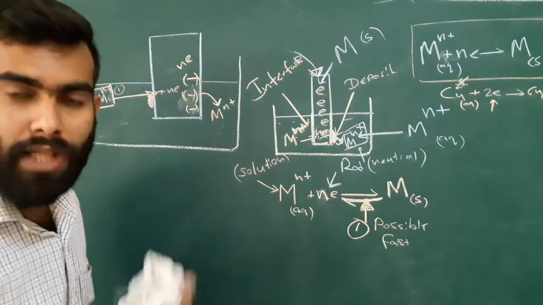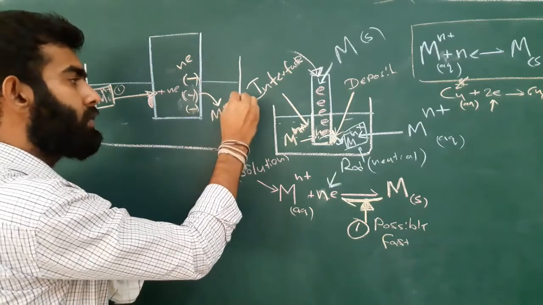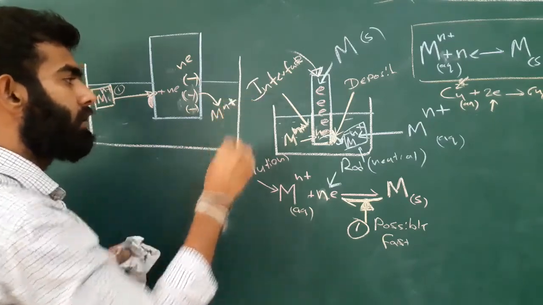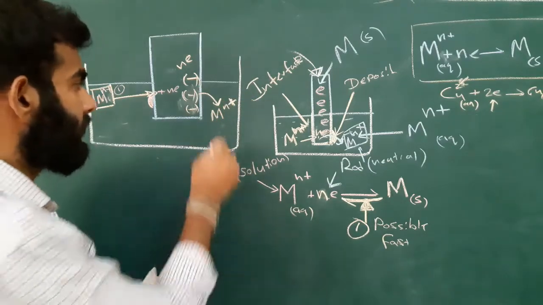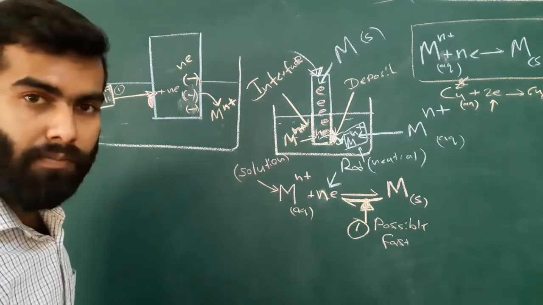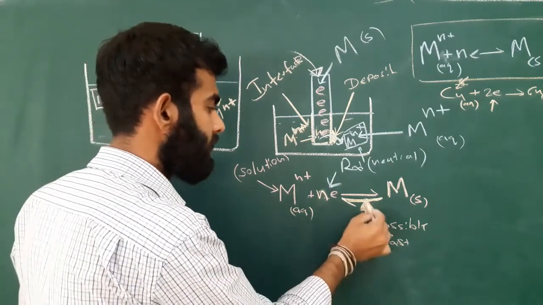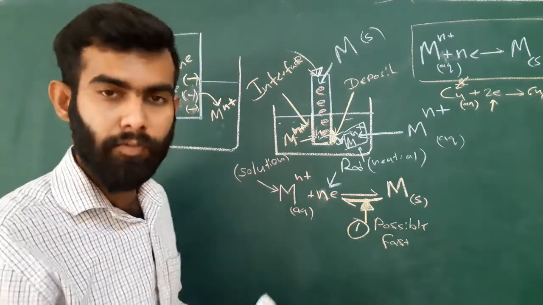Compared to the rod, the solution will have a large number of cations. Large number of cations. That means, if the solution contains a large number of cations, what will happen?